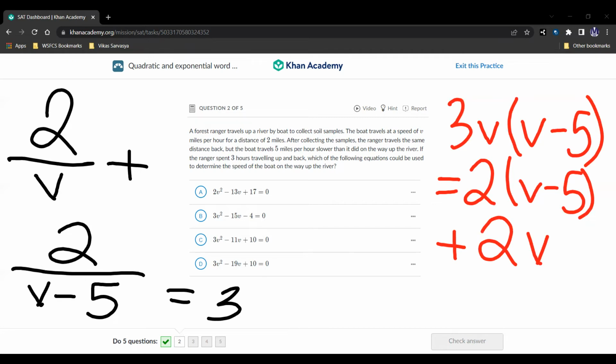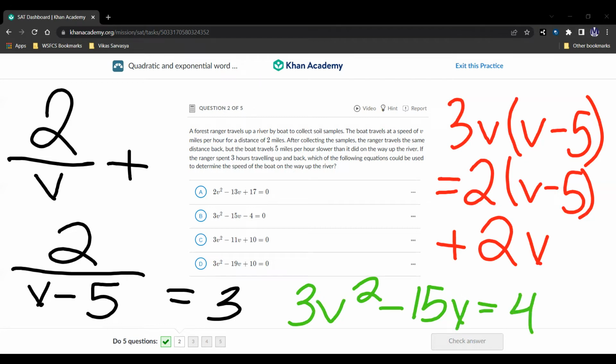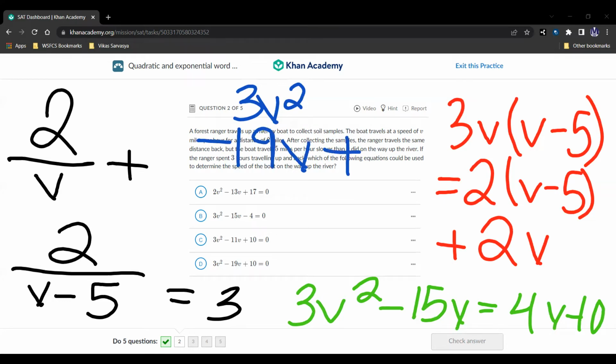We get 3v squared minus 15v over v minus 10. 4v minus 10. And then we switch things over. We get 3v squared minus 9 plus.